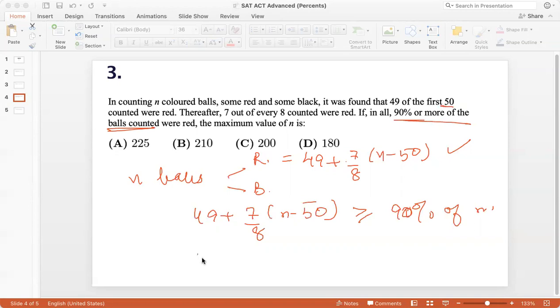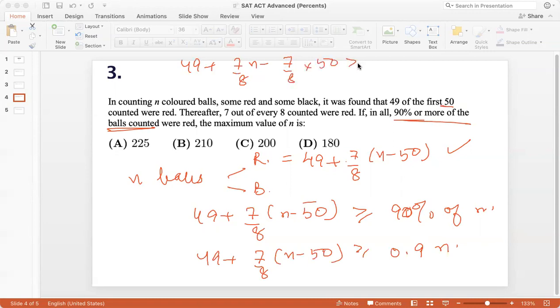Okay, so that means 49 plus 7 by 8 into n minus 50 is greater than or equal to 0.9n. So let's write on top. 49 plus 7 by 8 n minus 7 by 8 into 50 is greater than or equal to, I'll write this as 9 by 10 n.